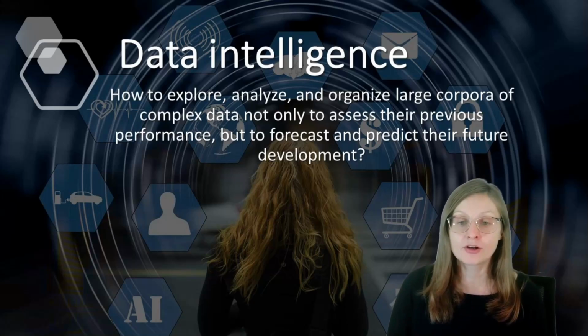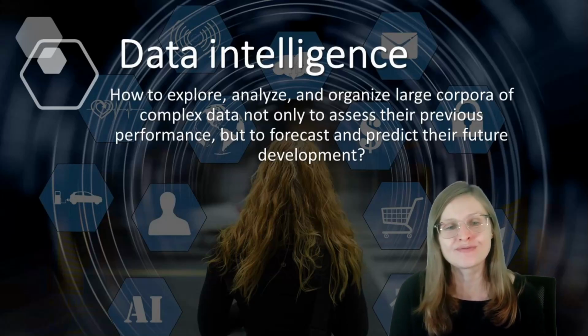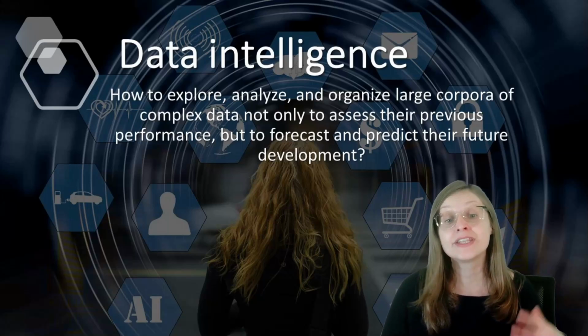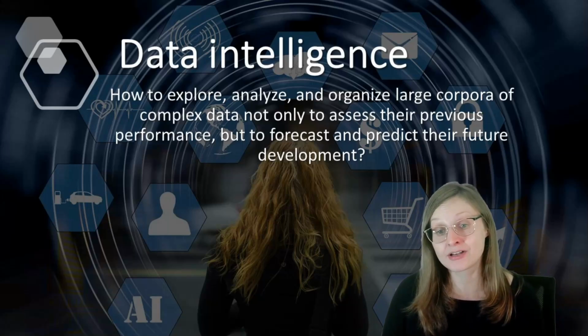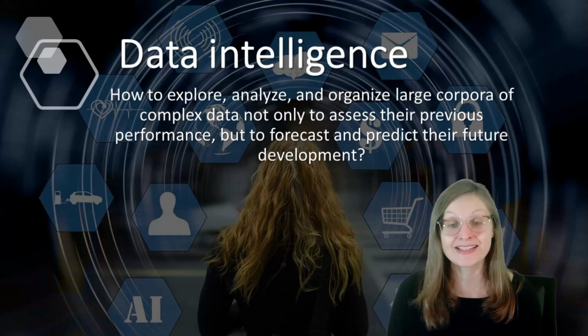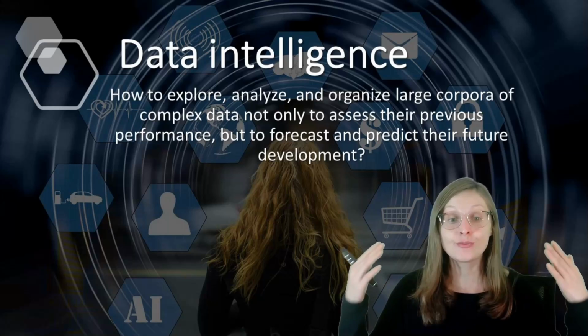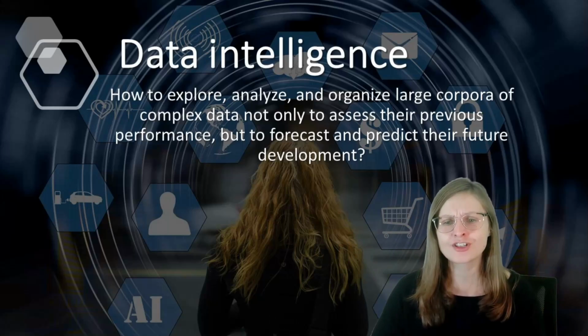While digital public humanities have been concerned with understanding and exploring cultural phenomena in the past, with the development of machine learning algorithms, big data digital humanities might reach a new level of data intelligence to envision a future development of cultures, societies, and organizations.